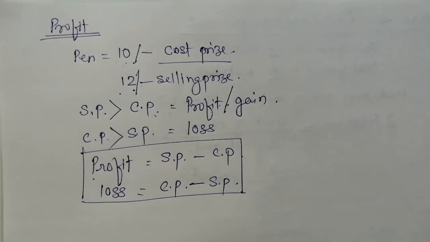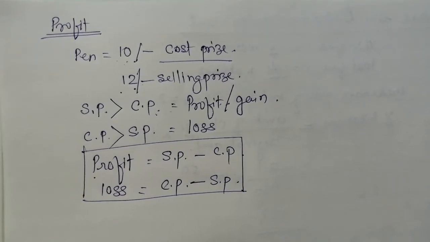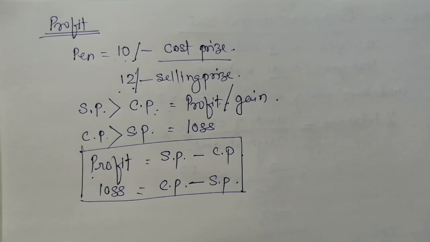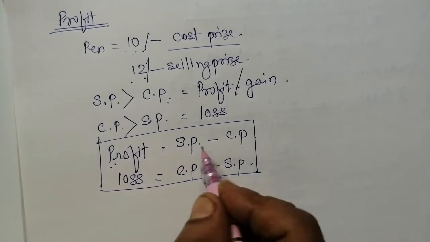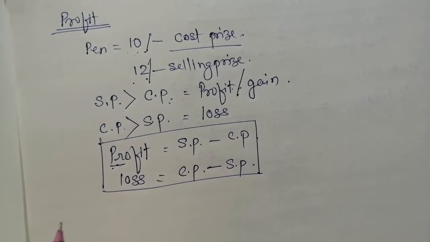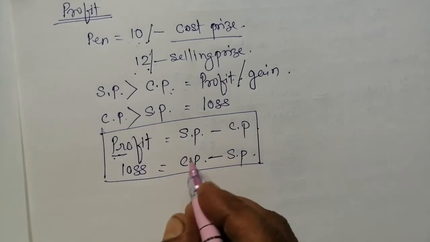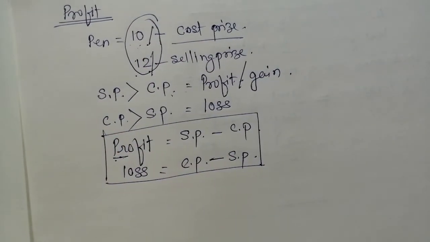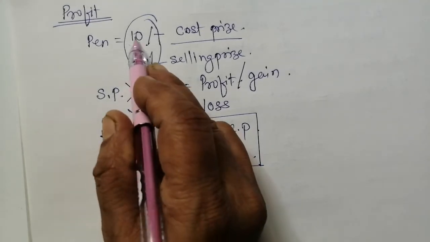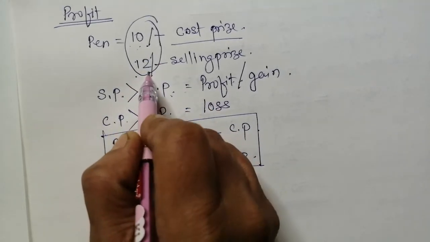Now, if you are asked to find the percentage profit or percentage loss, what is percentage profit? Suppose this is given to you, and you are asked to find the percentage profit. Here the profit is 2 rupees. For 10 rupees you got 2 rupees profit.